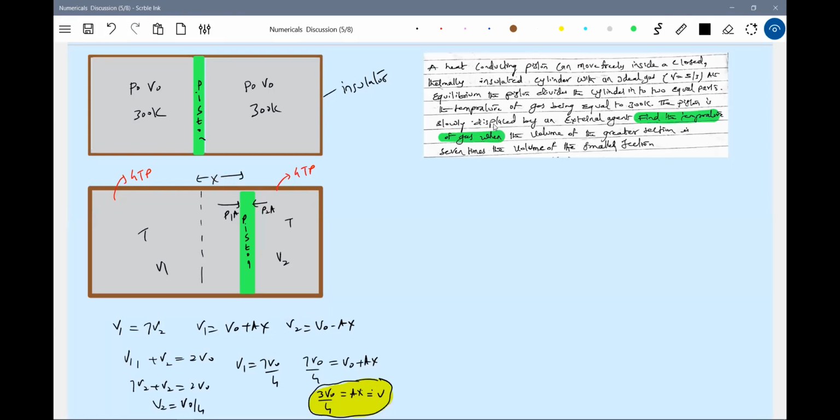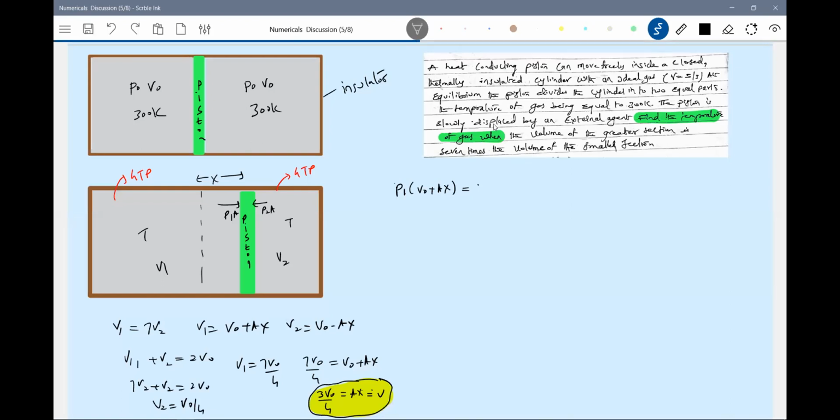And now first we'll calculate the pressure P1. P1 times V naught plus AX, PV equals nRT. The number of moles is the same, since the gas is in a closed cylinder at equilibrium and the piston divides it into two equal parts. So initially, let the number of moles be n.